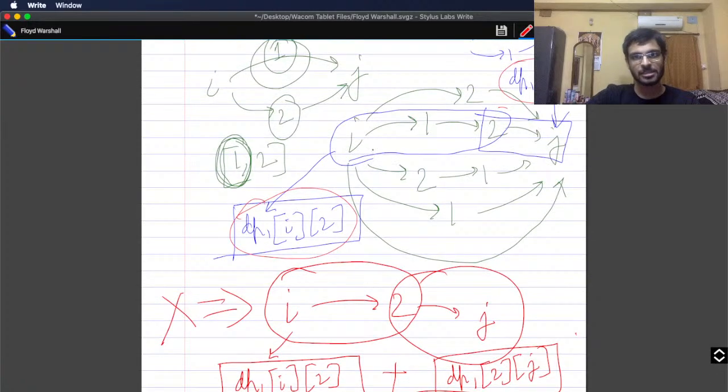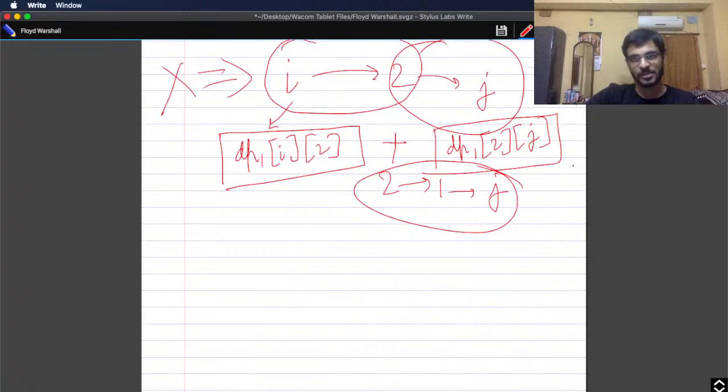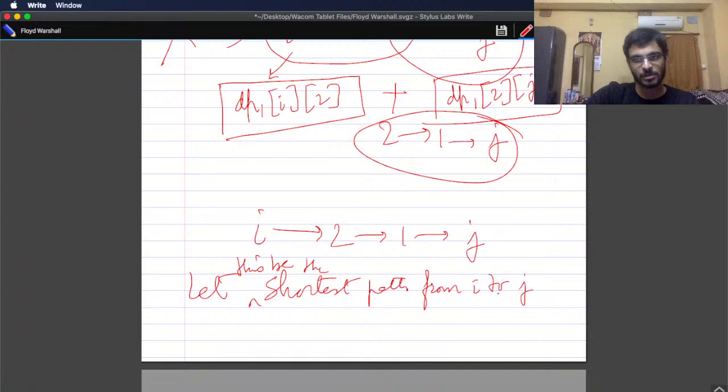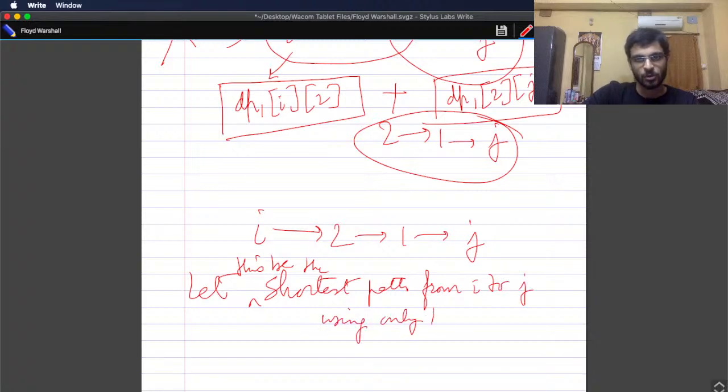Similarly, let us consider i to 2 to 1 to j. Suppose this is the shortest path from i to j using only 1 and 2 in between.